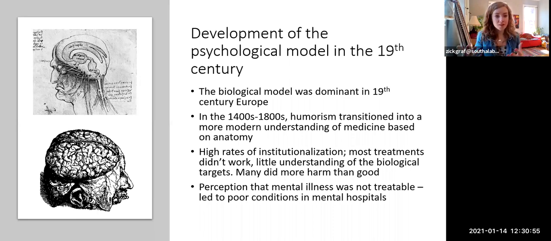And the conditions in mental institutions were really poor, really terrible. The treatments didn't work. And so there was this perception that mental illness was basically untreatable, that when someone had serious problems with thought, emotion, and behavior, there's really nothing that could be done for them. They just needed to be removed from society and kept somewhere.